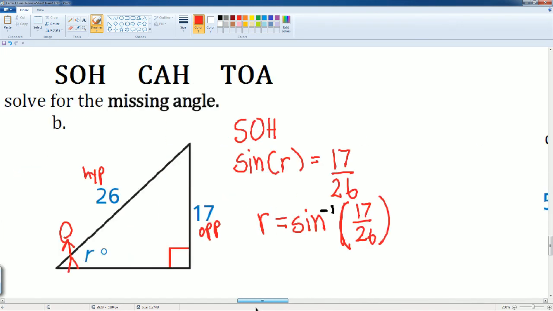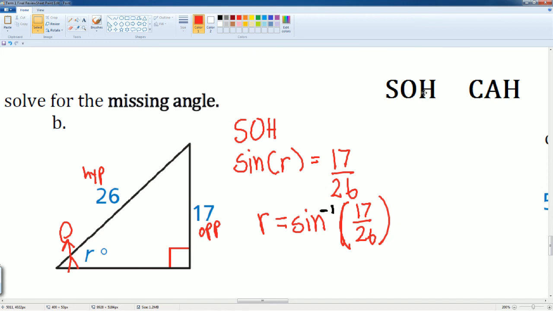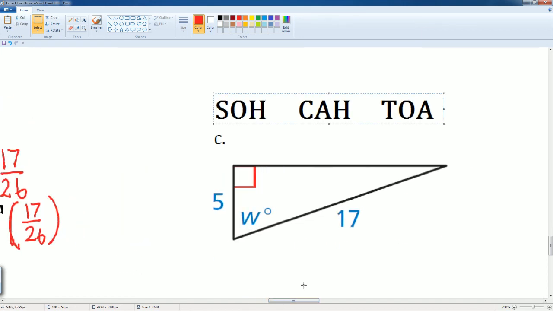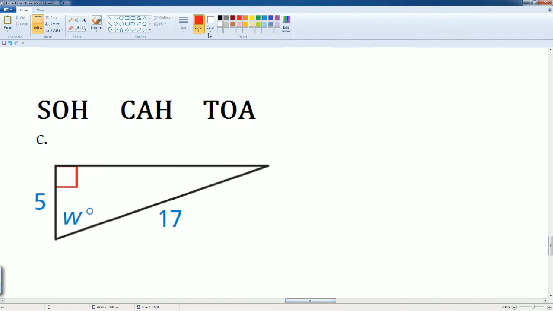And C. Let's bring this over here. I can make this purple. Draw our guy right here. And we saw that 5 is our adjacent and 17 is our hypotenuse. So this is A and H, so that is CAH, so it's cosine.